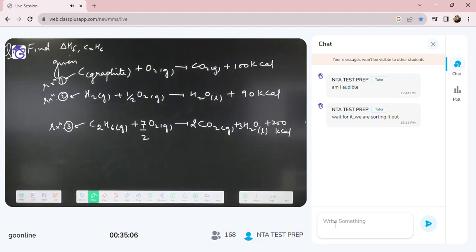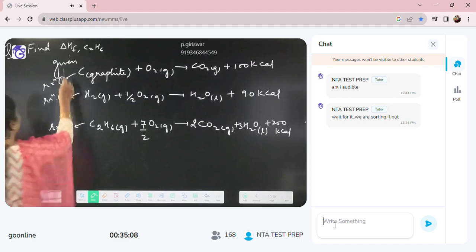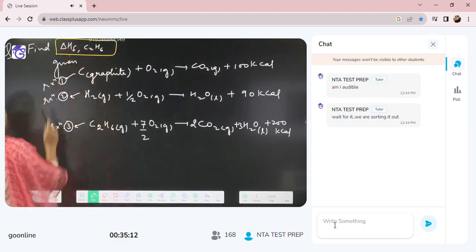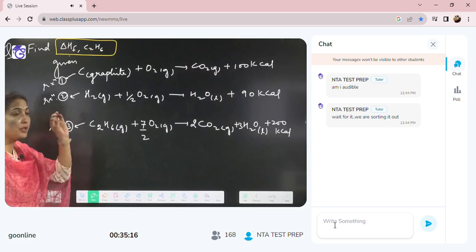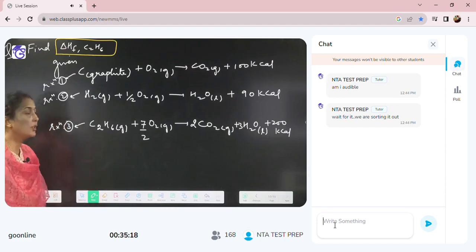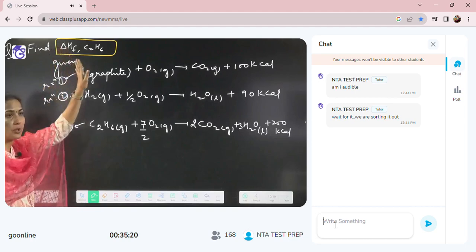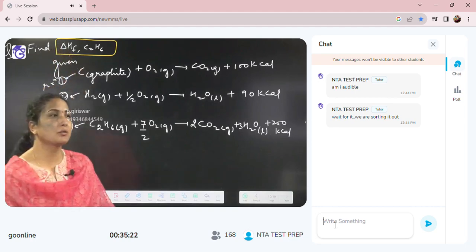In such kind of question, whatever is asked, you should write down your target reaction first. Your target reaction is this. Target reaction means the reaction for which you are finding delta H. So you should write down the reaction first according to this enthalpy of formation.